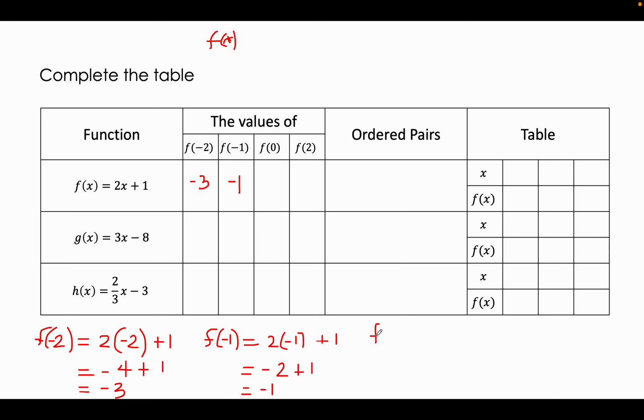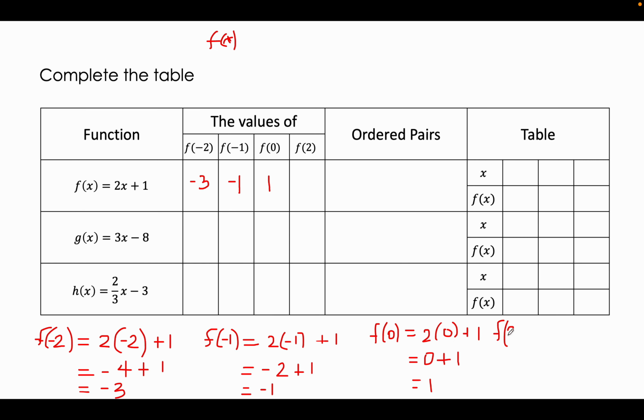Substitute. So we have f of 0 is equal to 2 times 0 plus 1. Then simplify. 2 times 0 is 0, and then plus 1. 0 plus 1 is 1. So if x is 0, our f of x is 1. Then the last one, we have f of 2.